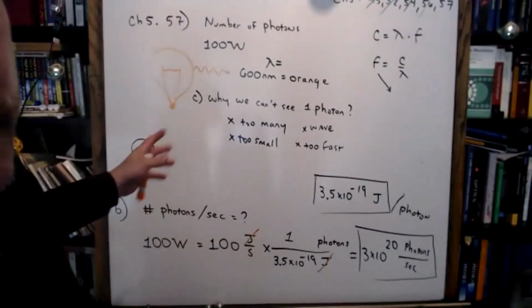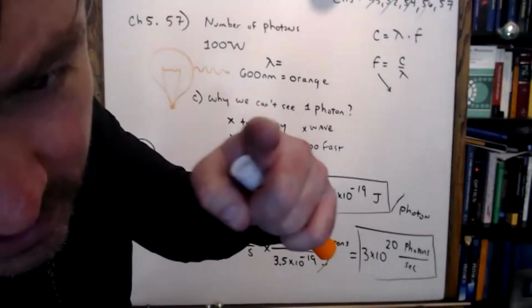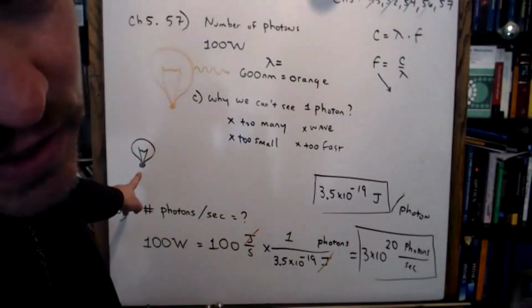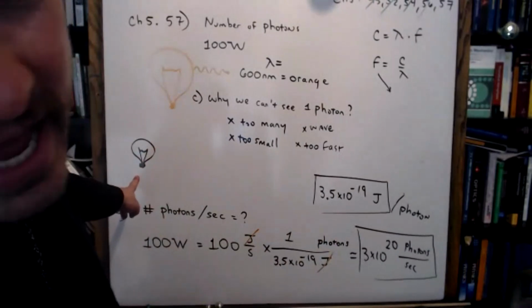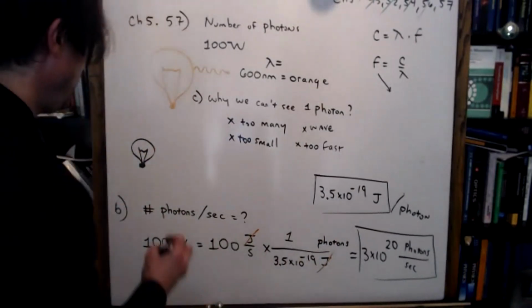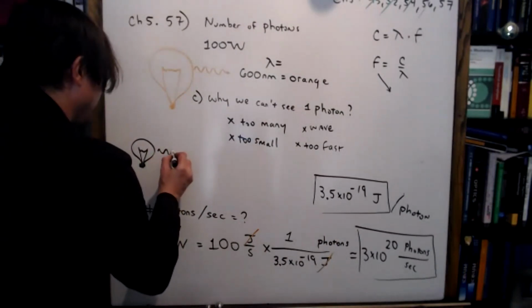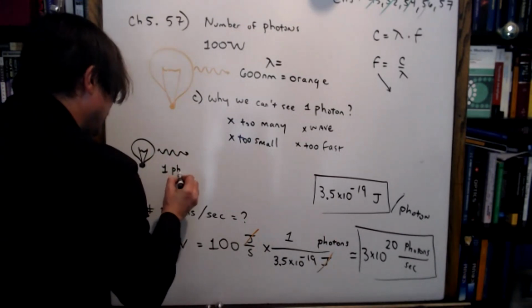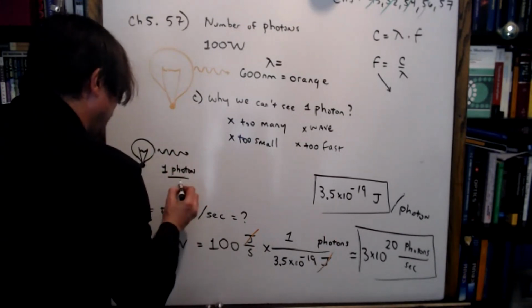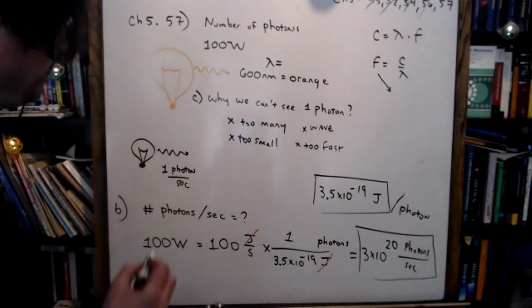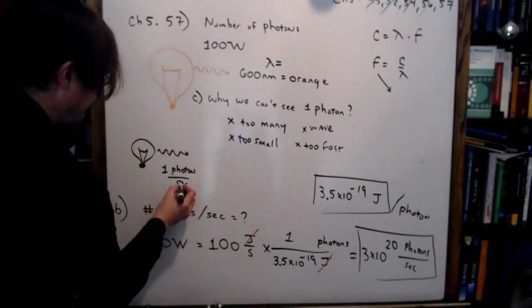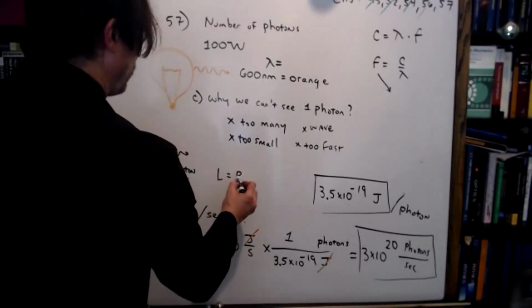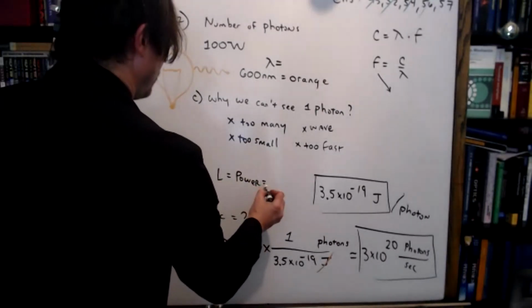Look, let me ask you this. Here's a thought question to drive you towards the answer. Imagine I could make the world's tiniest Home Depot party bulb, a quantum party bulb. And imagine that this bulb could produce exactly 1 600 nanometer photon per second. If it could produce 1 photon per second, what would be the luminosity or the power of that bulb?